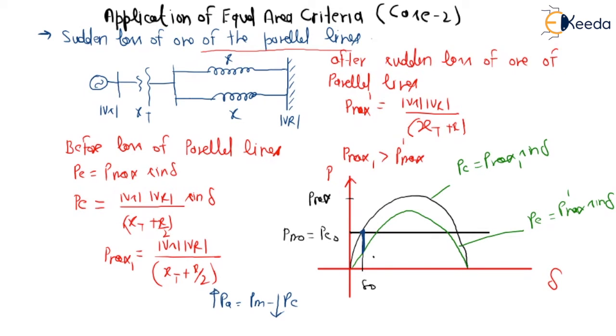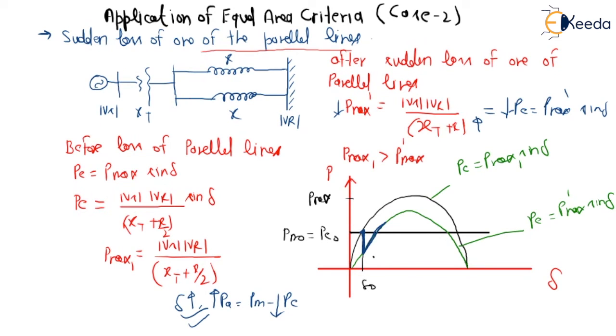It means the delta value will increase. So due to this formula, the delta will start increasing and this will follow the second graph.